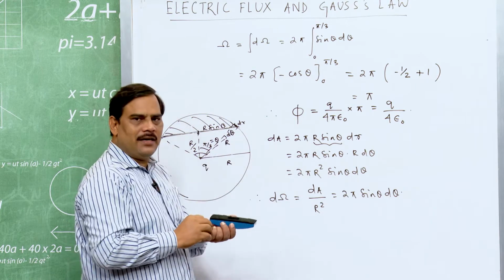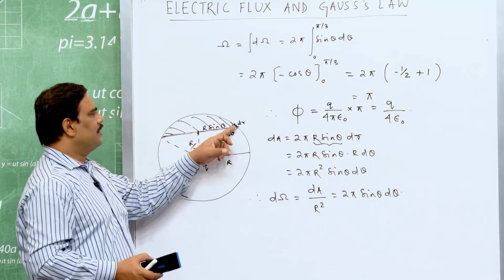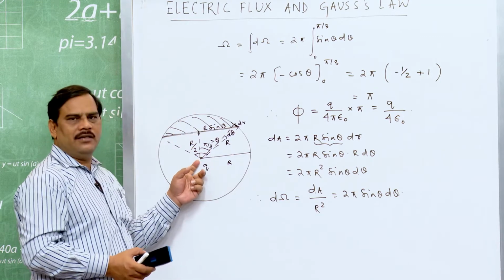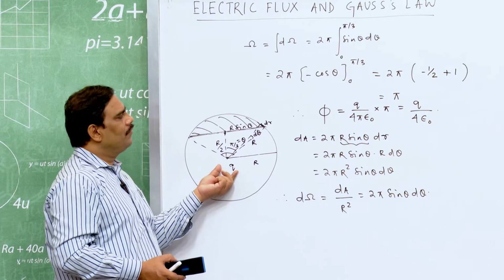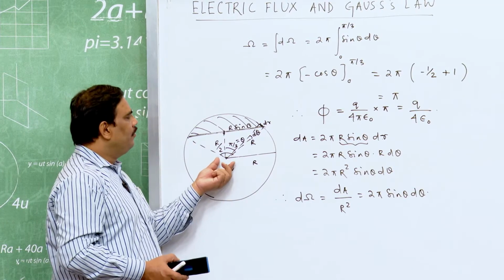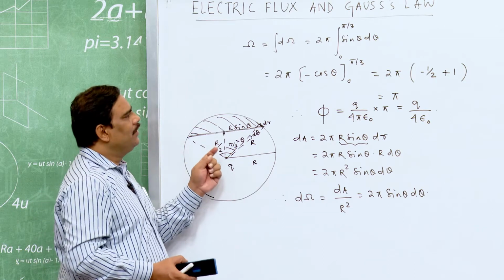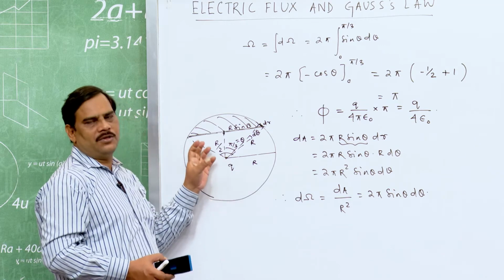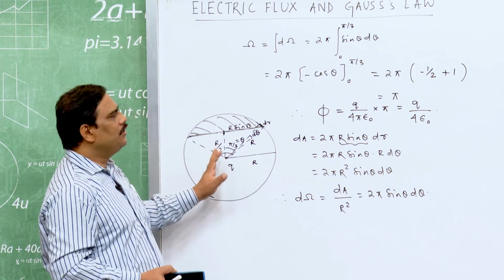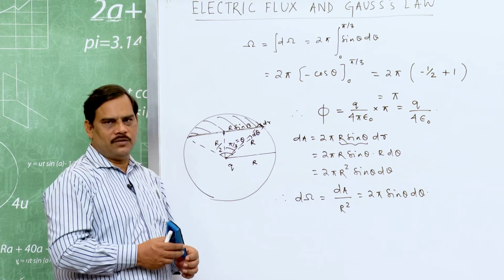We can analyze the situation: if the shaded surface forms a solid angle equal to pi at the charge or at the center, where the total solid angle is 4 pi, then obviously the flux through the shaded portion will be 1/4 of the total flux q by epsilon 0. So, it is q divided by 4 epsilon 0.